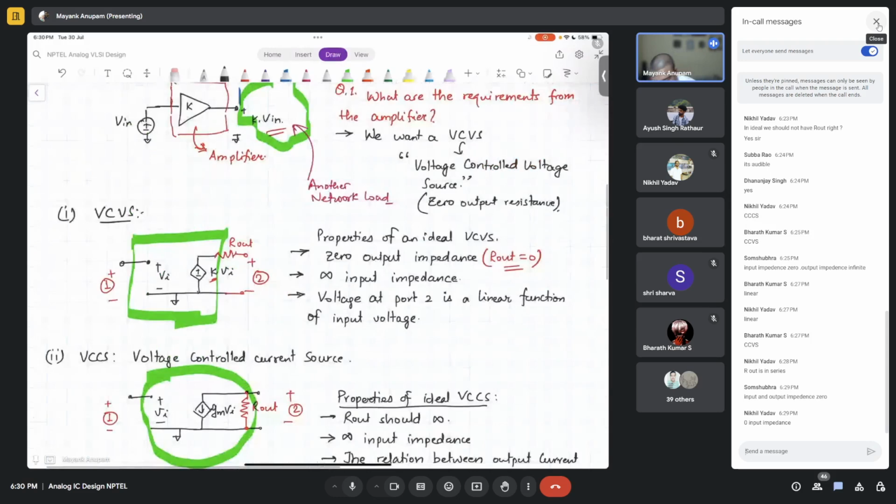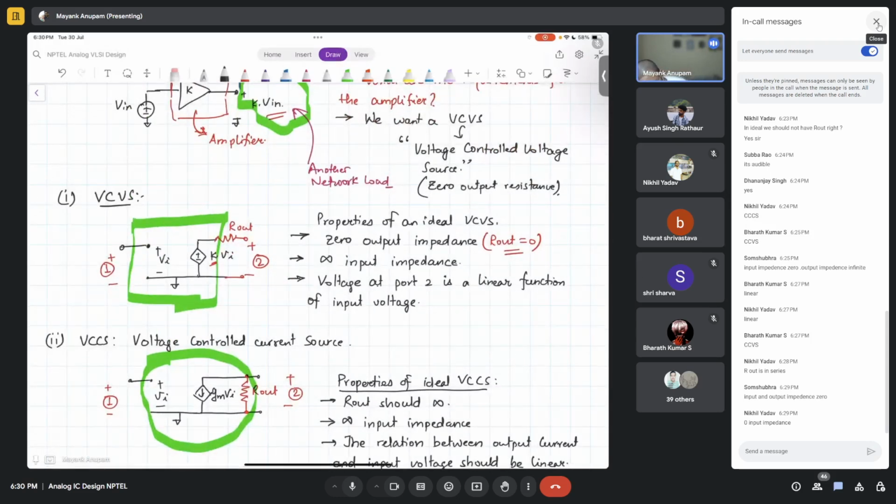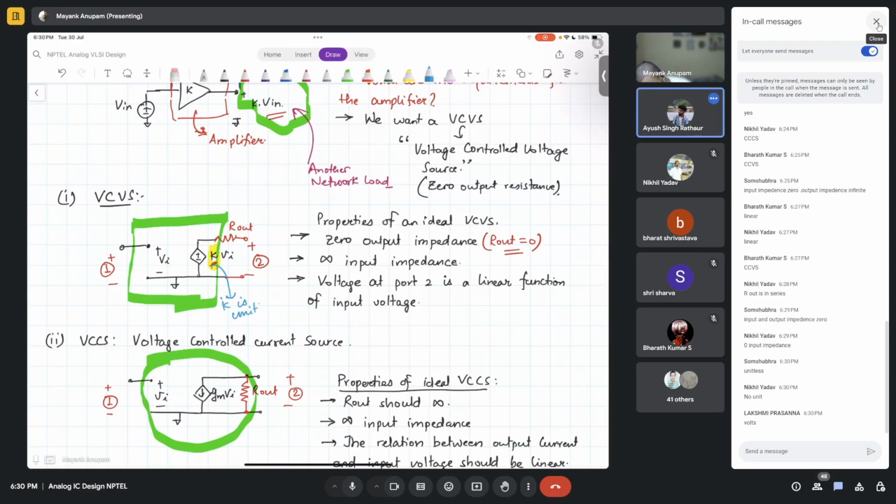Now, can you tell me something about the units of all the things here? Like K, what is the unit of K here? What will be the unit of K? Anyone? K will not be volts. K is unitless here, okay? K is unitless.